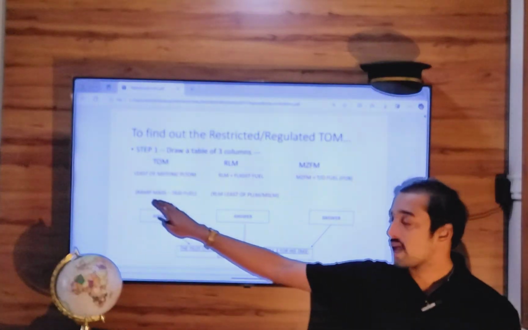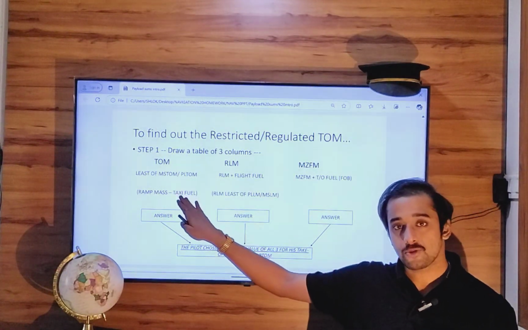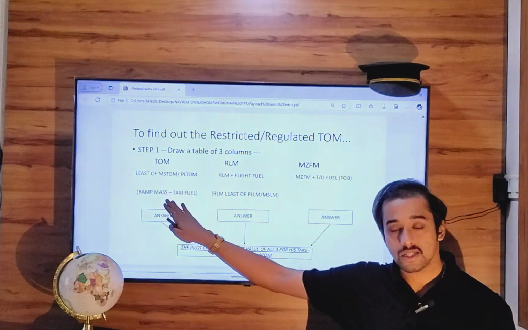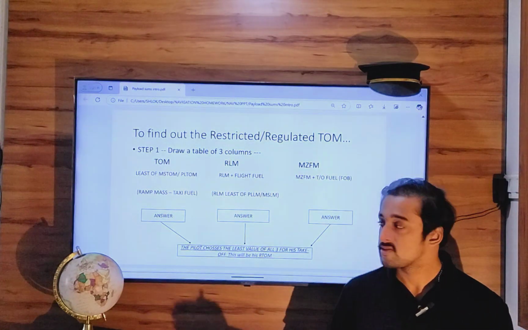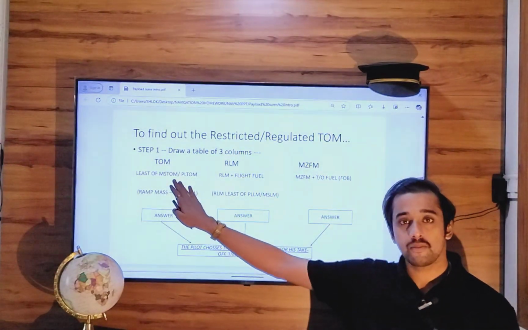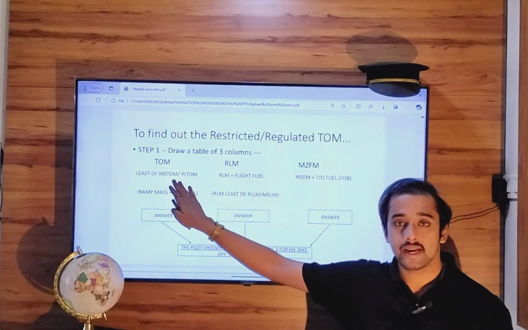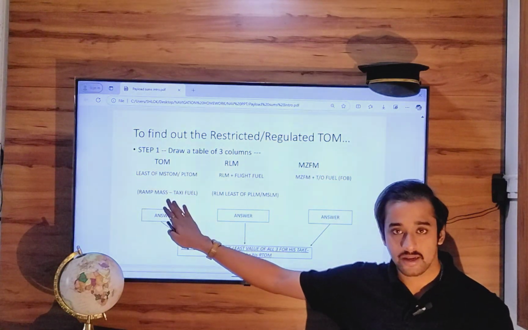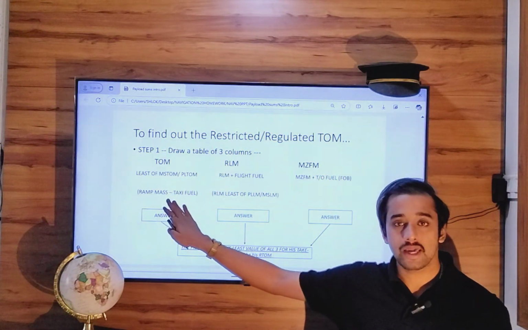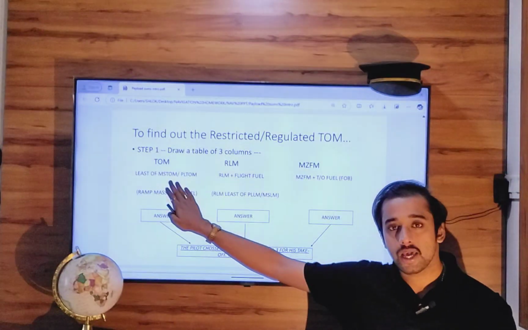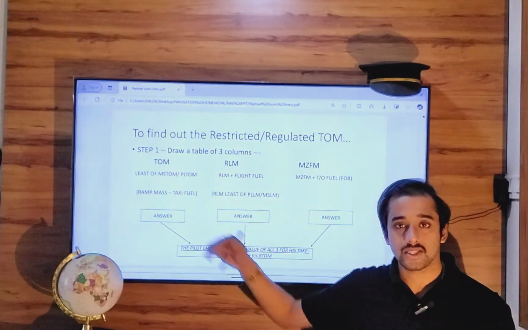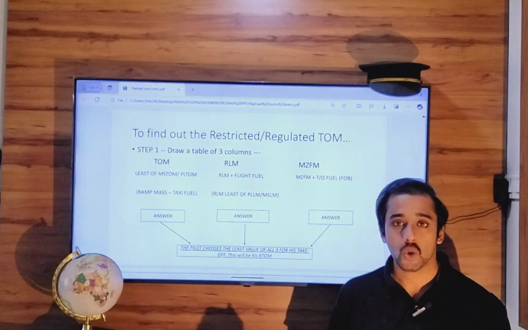Otherwise, if ramp mass is given, subtract taxi fuel from that ramp mass in order to get your takeoff mass. So in the first column, you will be writing the takeoff value directly given in the question or calculated. Majority of the times you will be given the maximum structural takeoff mass or performance limited takeoff mass directly in the question. Just copy that.